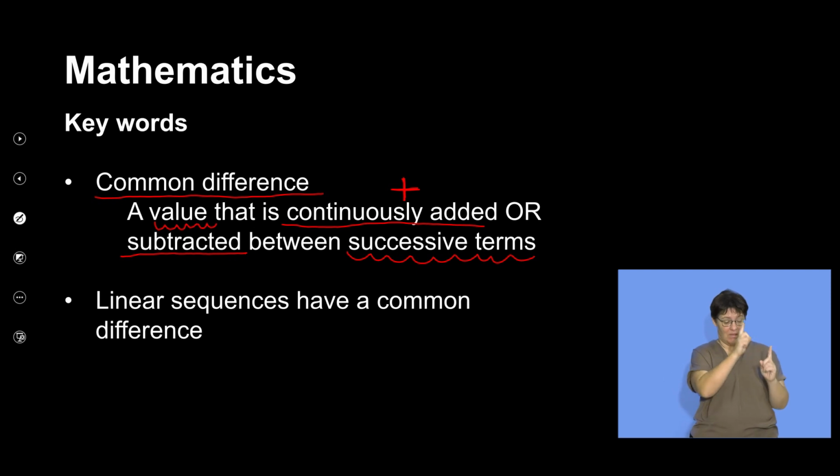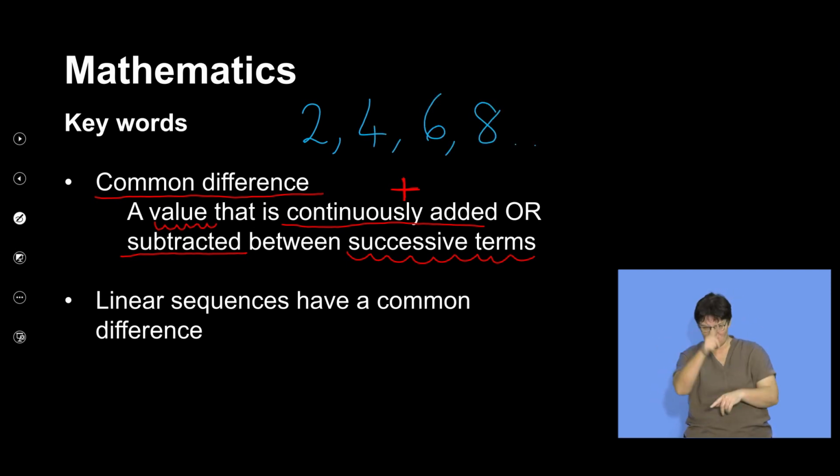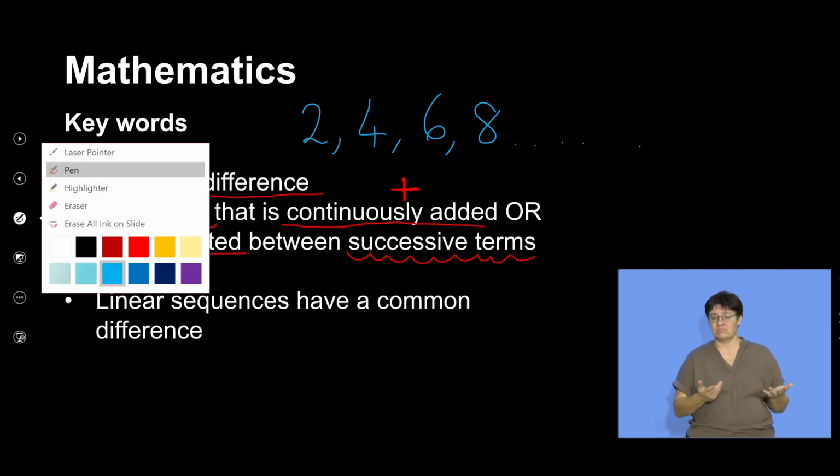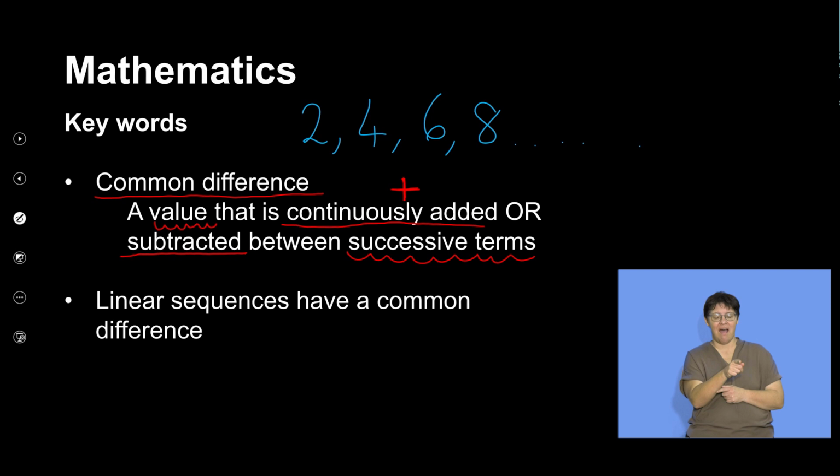So if I think about the example I had on the previous slide, I had 2, 4, 6, 8 going on. I'm sure that everyone will agree with me that between these terms, I have a common difference. So I'm going to ask you to think at home, what is the common difference?